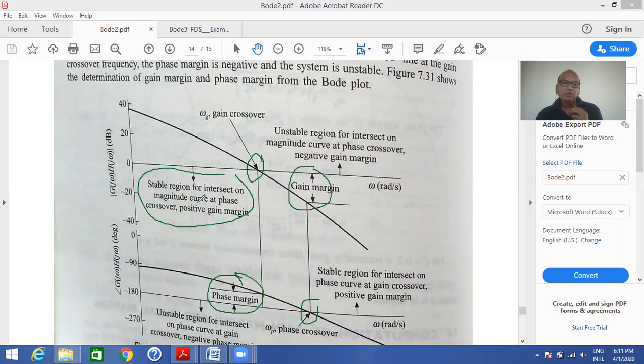Below the zero dB line is positive gain margin; above the zero dB line is negative gain margin. Next, the phase margin: above minus 180 degrees is positive phase margin, and below this is negative phase margin.